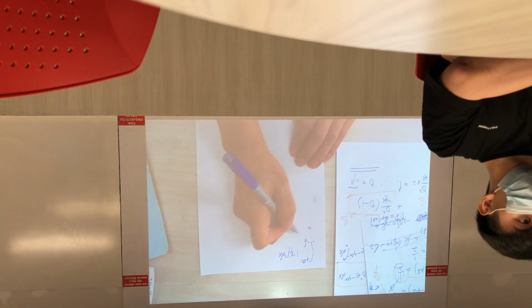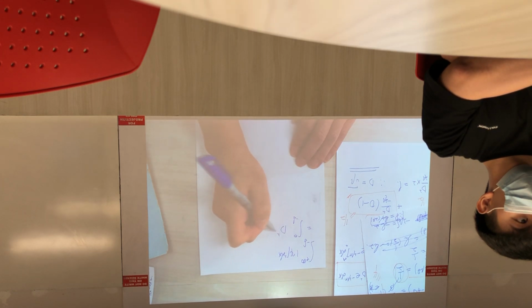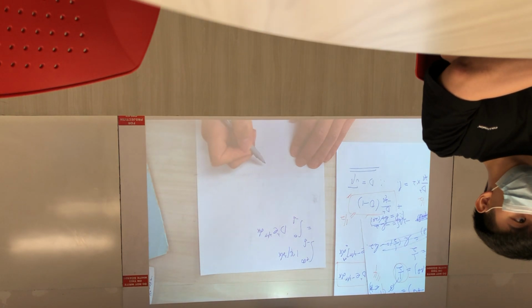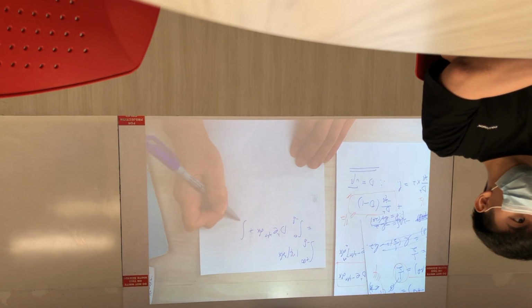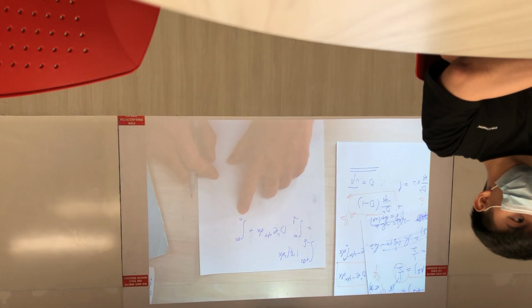So this becomes minus delta to 0, and then the square exponential 2 beta x dx, plus in the positive region is the integration from 0 to infinity, the square exponential minus beta x dx.